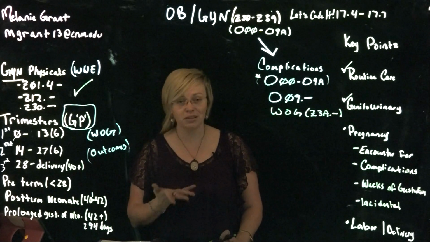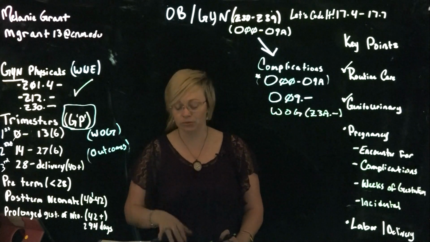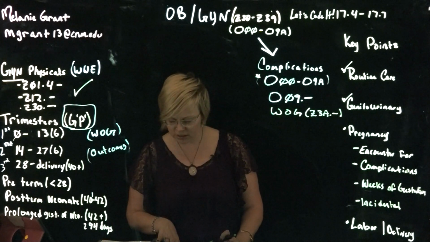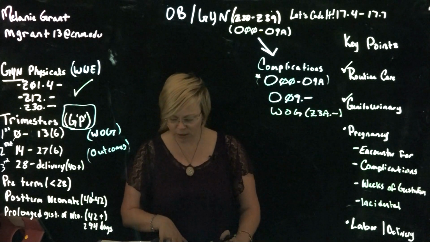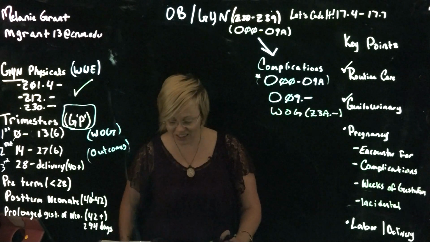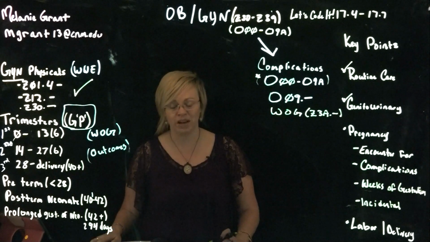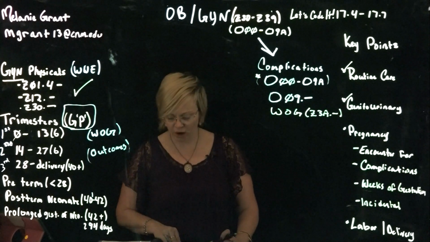Complications of labor and delivery. So she may have had a normal pregnancy the entire time, but the labor and delivery had some complications. Complications predominantly related to the puerperium and other obstetric conditions, not elsewhere classified. So when you're looking at this, make sure to pay attention to which one you're on.